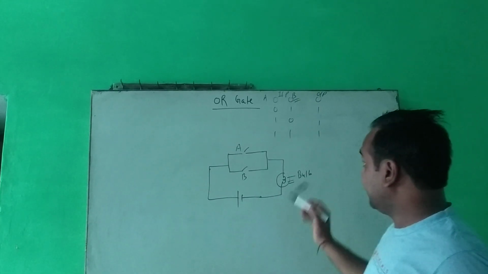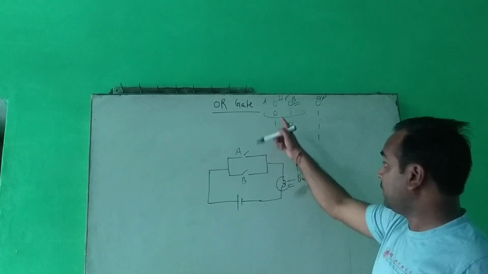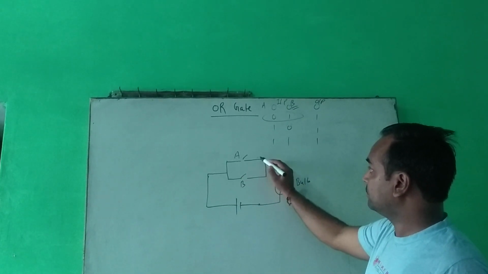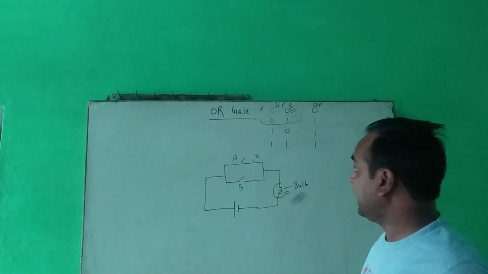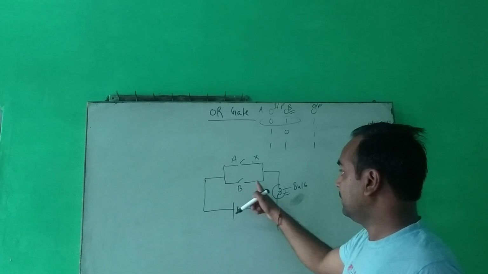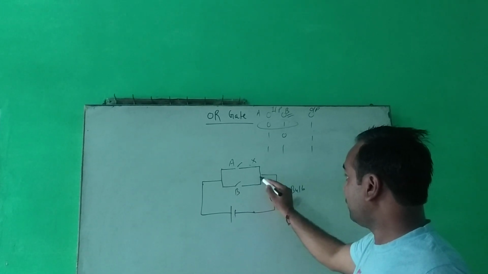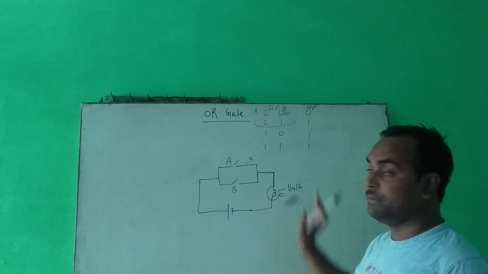But in the next case, 0 1, the value of A is 0, so the power supply will be off here, and the value of B is 1. The power flows here, and in this case the bulb will be on. Power goes here and bulb will be on.